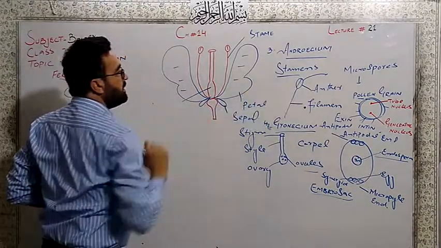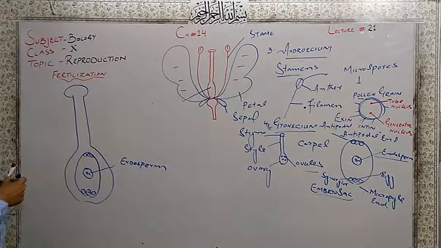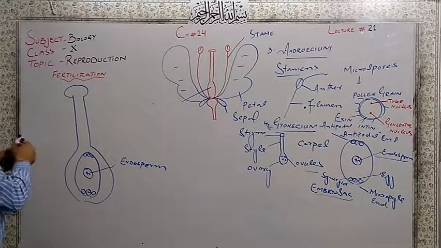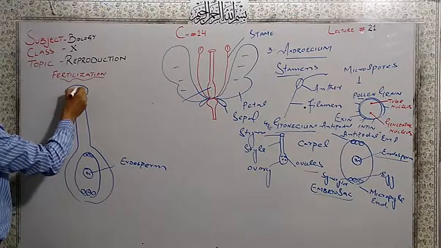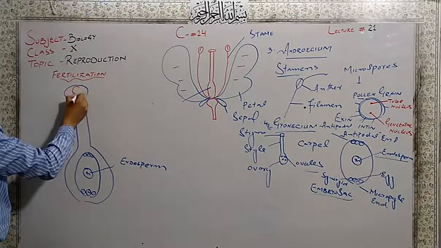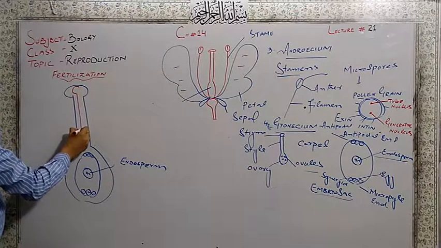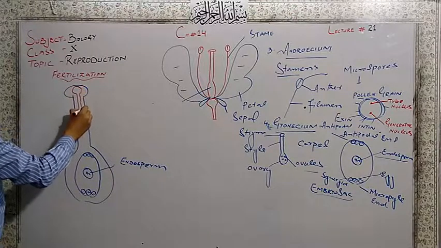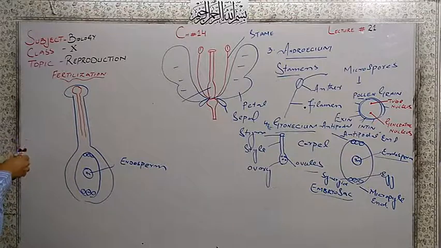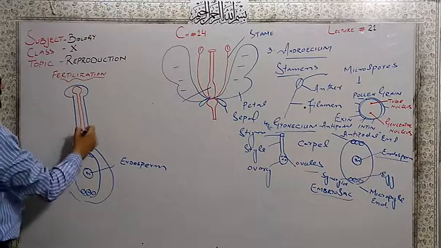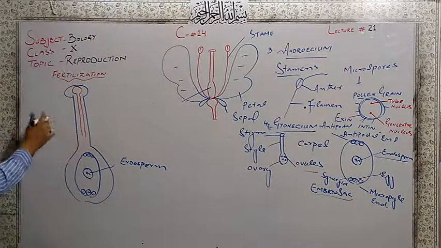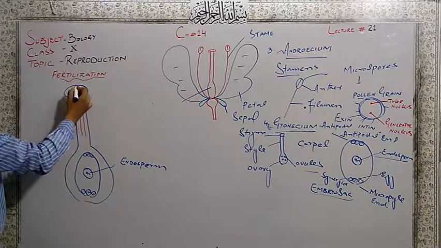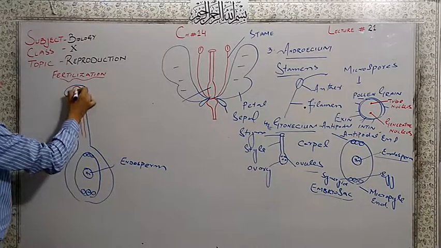When the pollen grain, which has 2 nuclei, approaches here, what will occur? The tube nucleus will form the tube, and the generative nucleus will just be present. The tube nucleus has just the function of producing the tube.